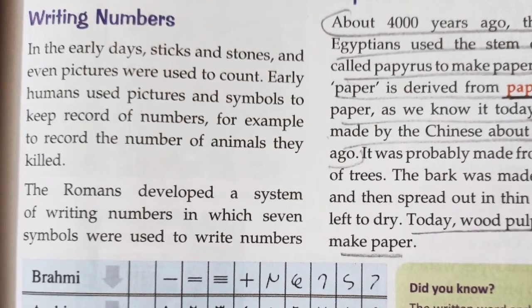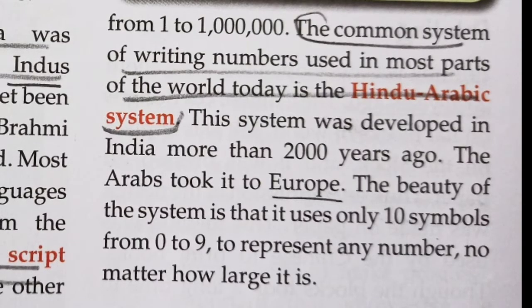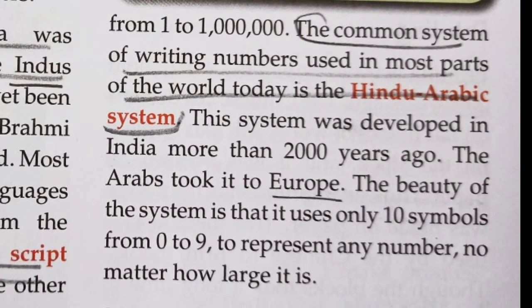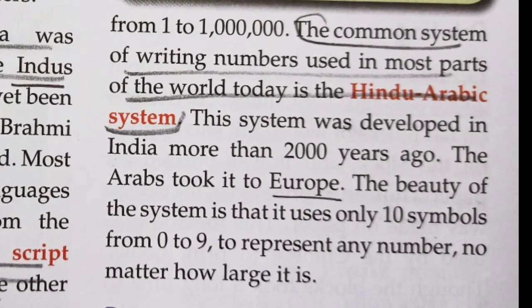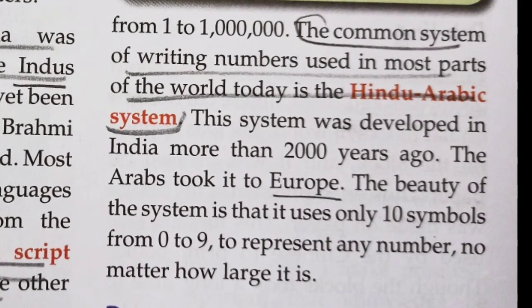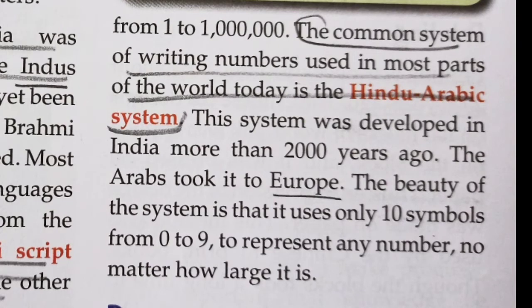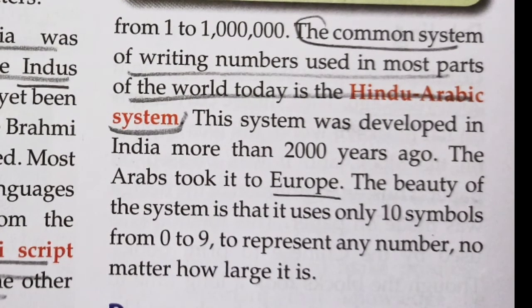The common system of writing numbers used in most parts of the world today is the Hindu Arabic system, and in today's time it is known as the Hindu Arabic system.